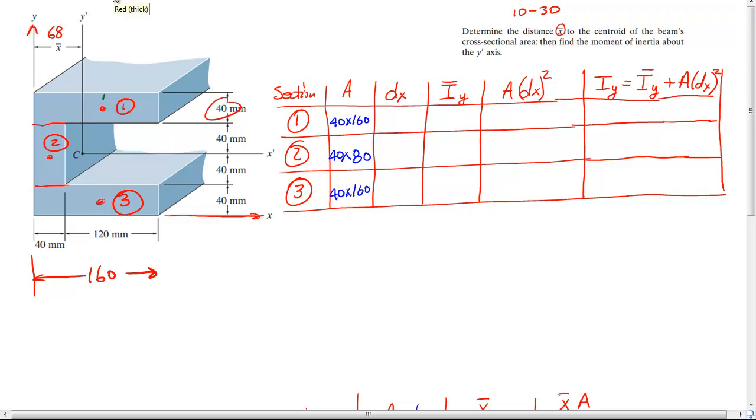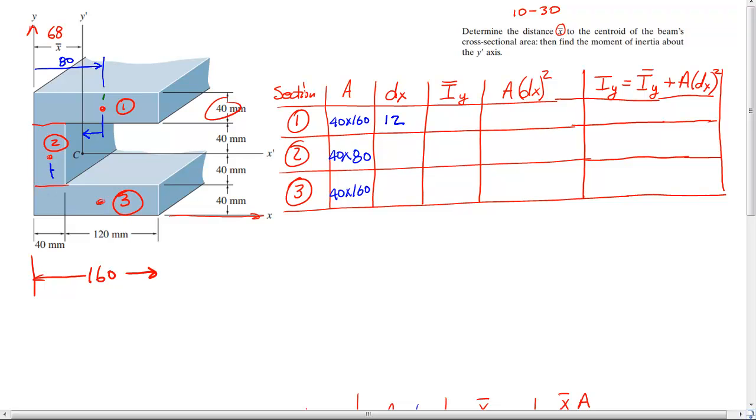So next we need to find the dx. Now this you have to pay real close attention to. It is the distance that you are going to move to line yourself up with this y-axis. Well, this location is 80, and 80 minus the 68 gets you 12.